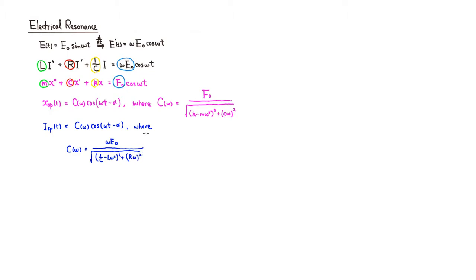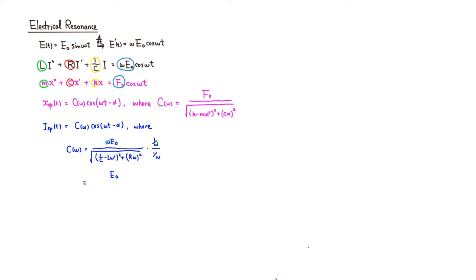To make it look a little bit nicer, I'm going to divide top and bottom by omega. So I'm going to do 1 over omega here and a 1 over omega. Then on top you're going to have just E0, because we can cancel out the omega on top and the omega on the bottom.